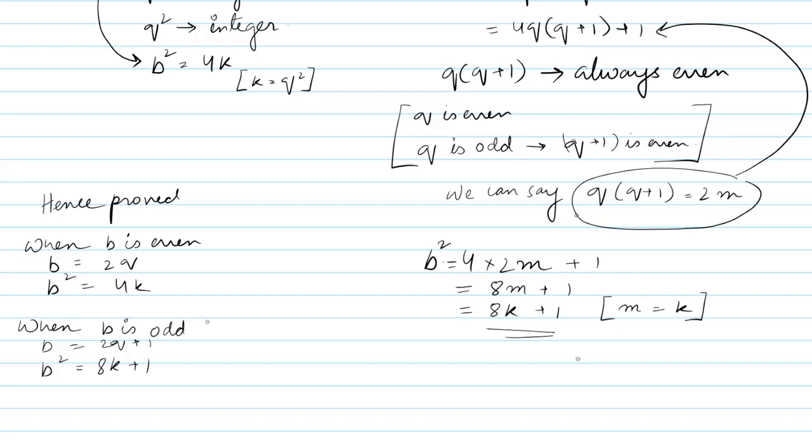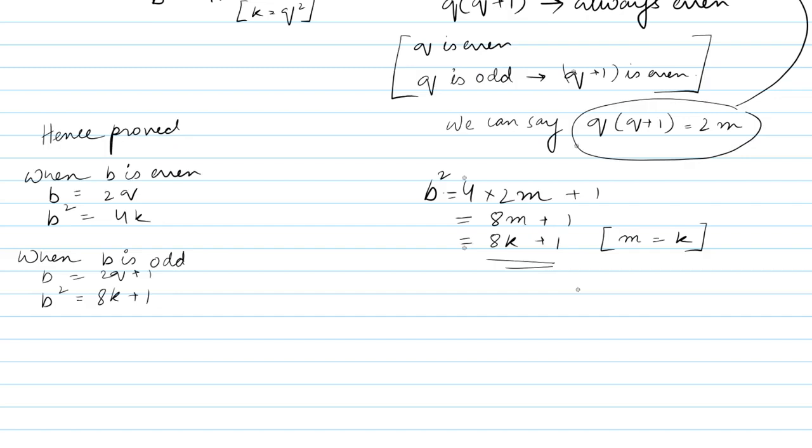Now let's see some examples to get a concrete view of this idea. Let's take b equals 4. What's 4 square? 16. Can we represent 16 in the form of 4k? Yes, 16 can be written as 4 into 4.